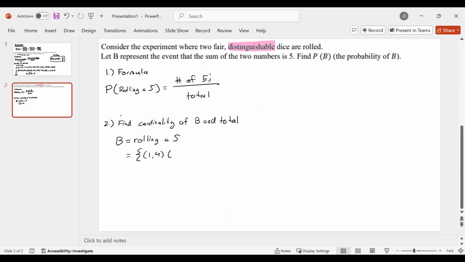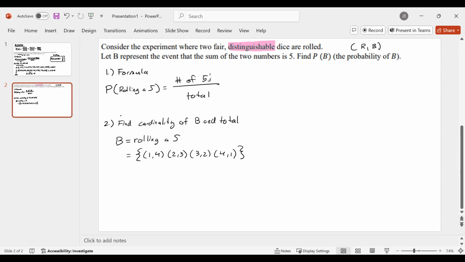A 1-4, a 2-3, and then a 3-2, and then a 4-1, right? So there's 4 ways I can do that. And remember, if you want to, you can think of the first die being red and the second die being blue. So 2-3 and 3-2 are not the same thing.